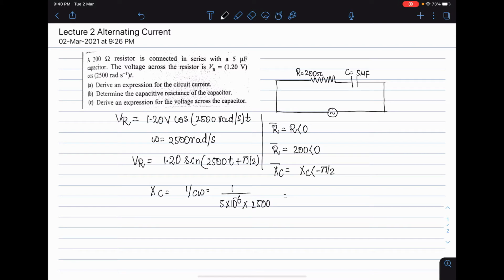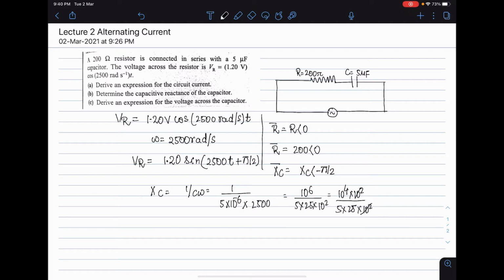So this will be equal to 10 to the power 6 divided by 5 into 25 into 10 to the power 2. This can also be written as 10 to the power 4 into 10 to the power 2 divided by 5 into 25 into 10 to the power 2.